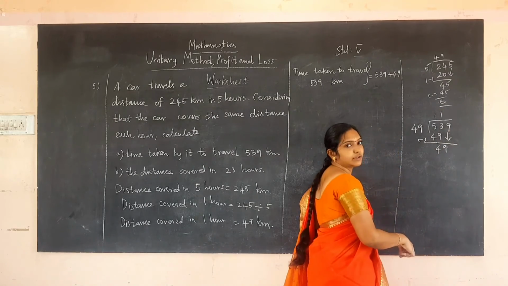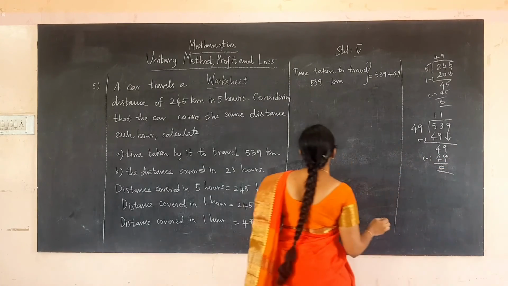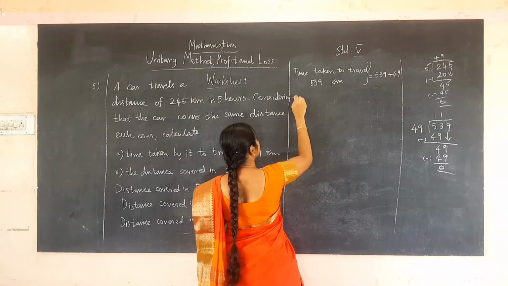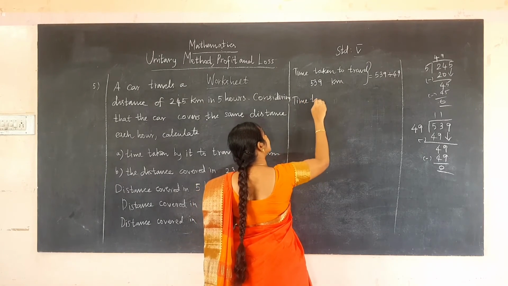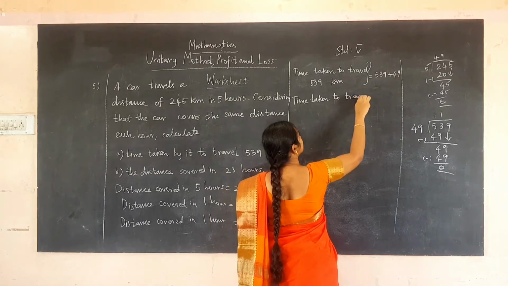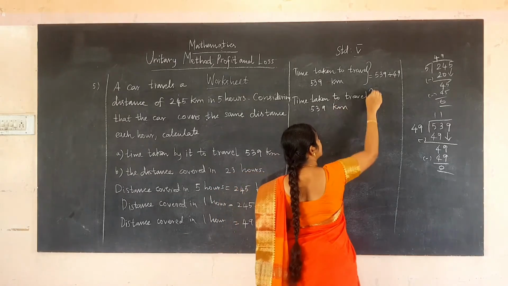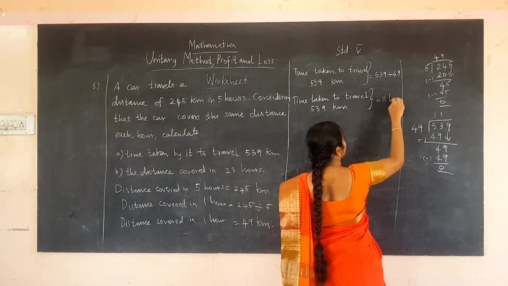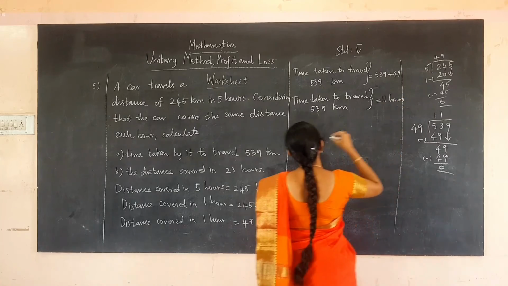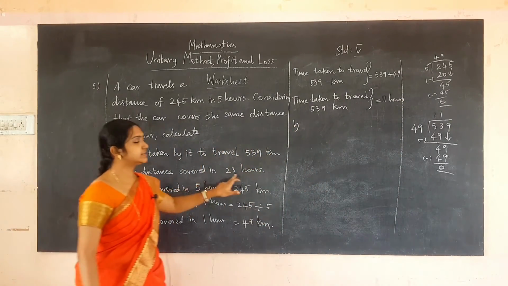So it is 49. 1 into 49 is 49. 49 minus 49 is 0. So time taken to travel 539 kilometer is equal to 11 hours. Next we have to find the distance covered in 23 hours.